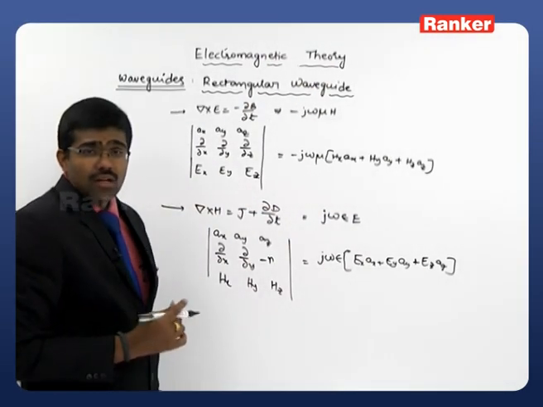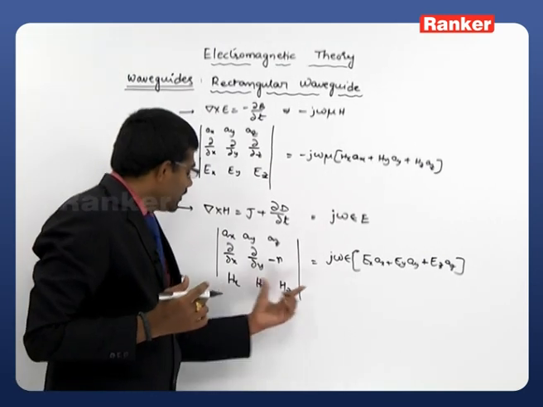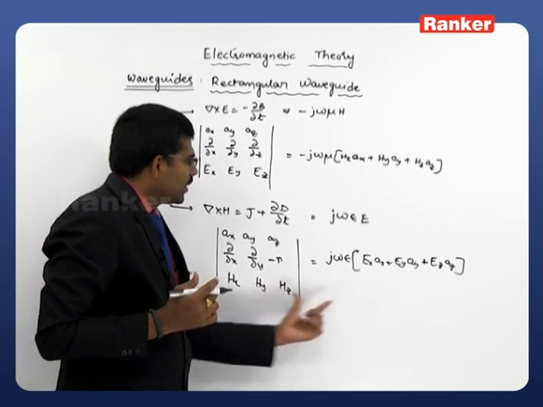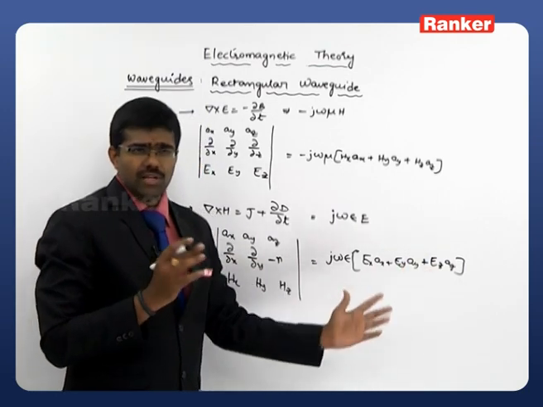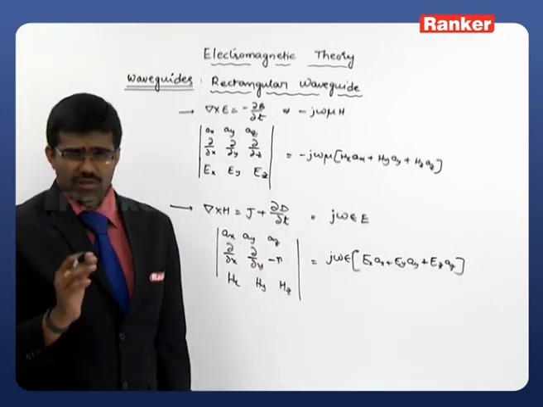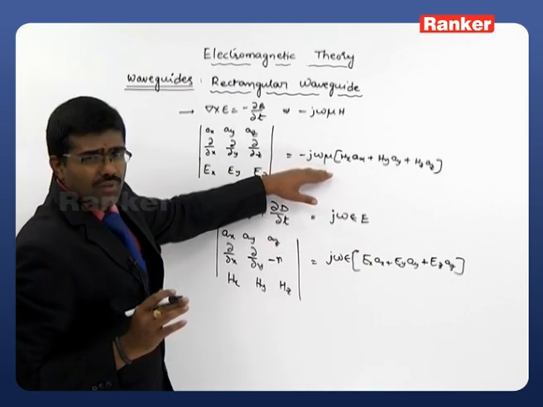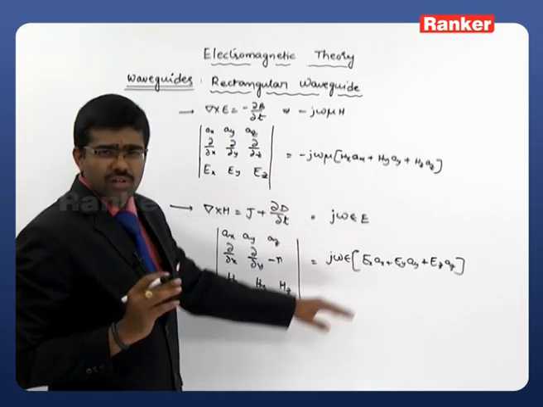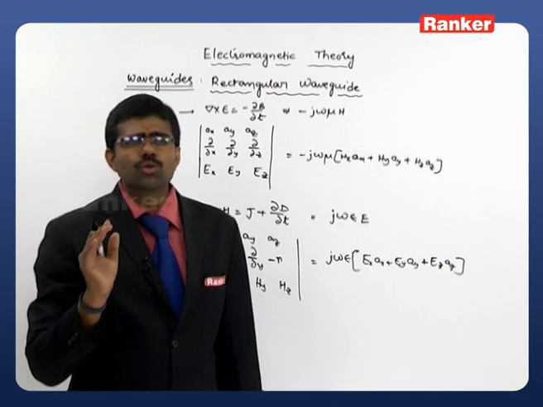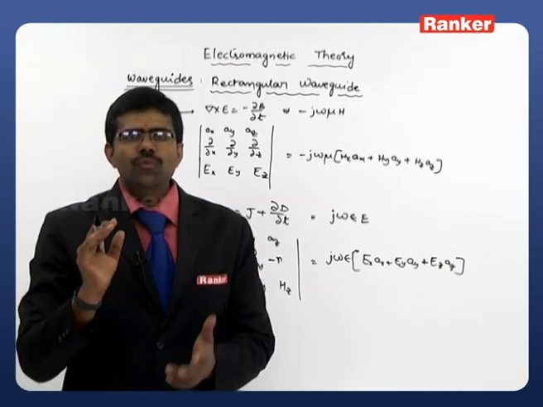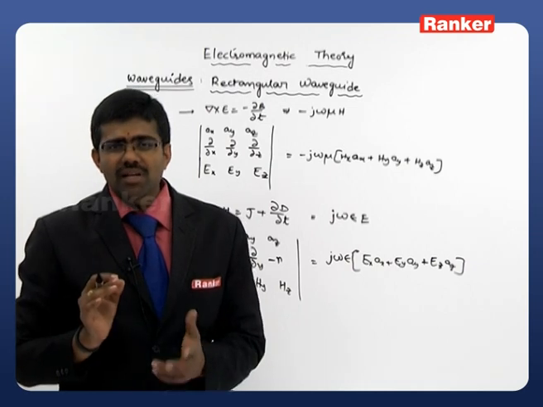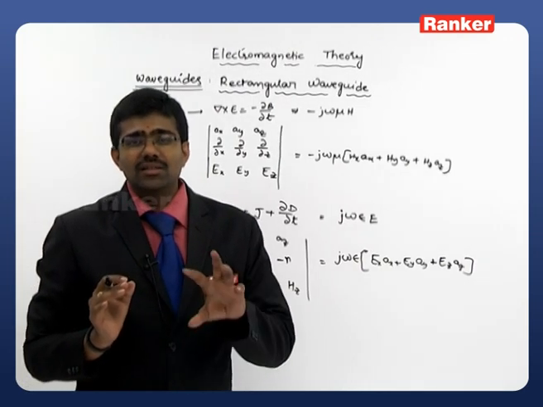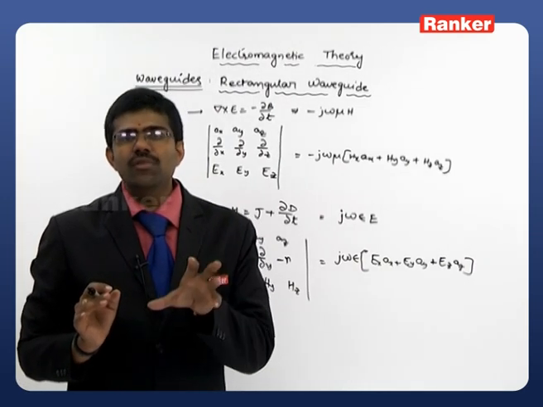Now once again, simplify this one, consider the right hand and left hand side terms which are meant for Ax, Ay and Az, and make them equal. You will get one more set of equations. Here you will get one set of equations, and here we will get one more set of equations. What you are supposed to do is just club them. If you make a little mathematical manipulation, then all those equations will be simplified.